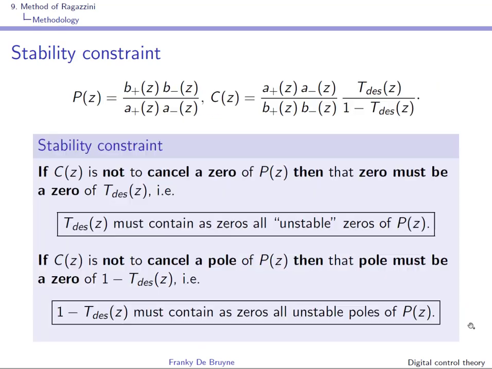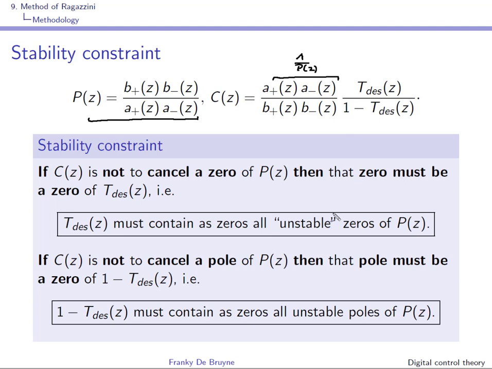process. So in summary, this is our process where we have factored b and a in such a way that we have the roots that are stable in the plus component and the ones that are unstable, so outside the unit circle, in the minus component. We are designing a controller using this method of Ragazzini, so we have here 1 over p of z, right?